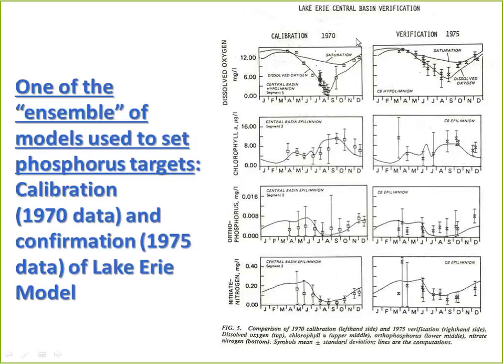So the left-hand column of model outputs here is in 1970, matching the plunging of dissolved oxygen in the central basin of Lake Erie in August of 1970. And then the model was verified in 1975 to show it also did a good job simulating DO sags in 75. And there's some other plots here showing it did a decent job of simulating concentrations of nitrogen, phosphorus, and chlorophyll.